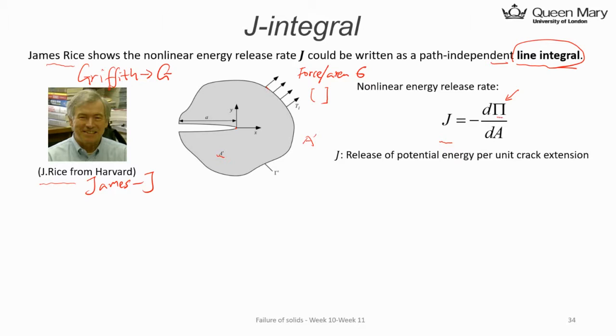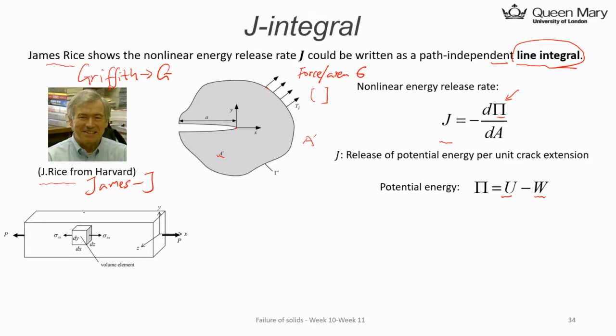So first of all is this potential energy. That's the key thing. So potential energy, if you remember, is equal to the strain energy minus W, the external work. And suppose you have a bar and you apply a load uniaxially. Then if you look at a small amount of material, like a unit element inside the material, how much strain energy can it store? That's a question we answered before.